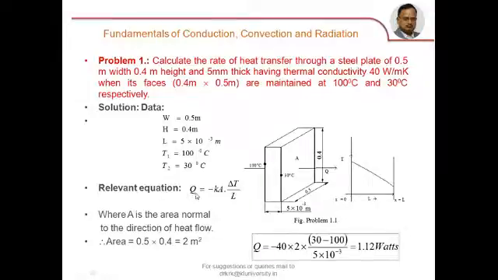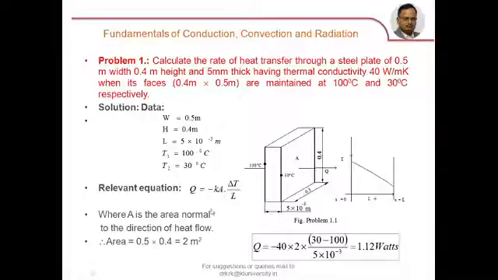So the relevant equation used for solving this problem is Fourier's equation, Q equal to minus K A dT by dx. dT is the temperature difference, dx the thickness in the direction of heat flow, that is L, so minus K A delta T by L. And as I said, A is the area normal to the direction of heat flow. This is the direction of heat flow, and normal to this direction is this face area, which is equal to 0.5 into 0.4, 0.2 meters square.